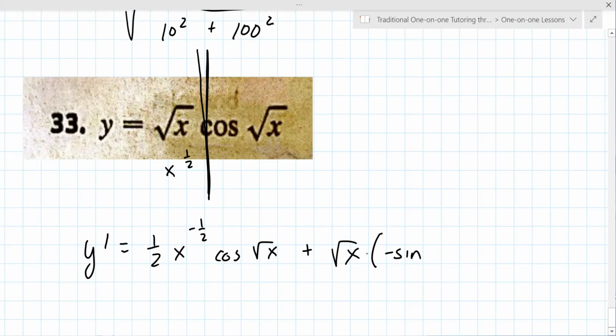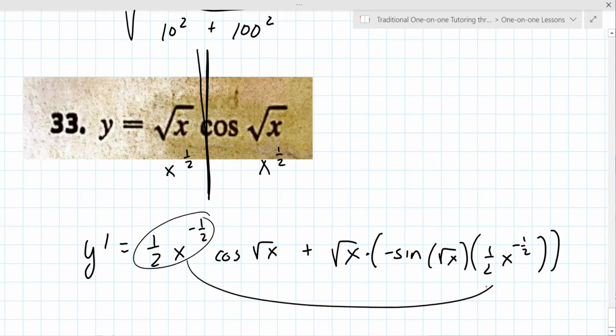And it's okay to put parentheses to show multiplication. Keep the inside. But now we have to find the derivative of x to the 1/2, or square root of x. We actually already have it. You'll see this when you're taking second derivatives. You don't need to reinvent the wheel here. Just put whatever it is if you did it already. Don't think too hard about it. You're basically just copying and pasting it over there.